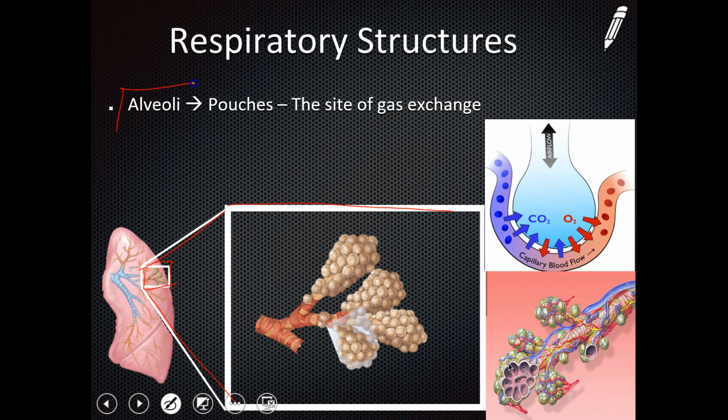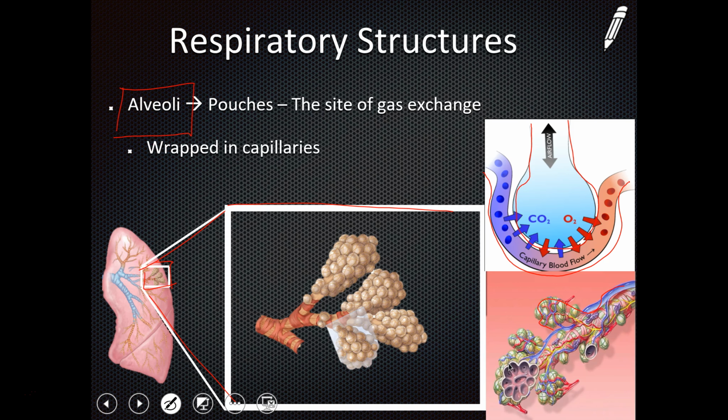If you look closer at the alveoli, you'll notice that they're wrapped in capillaries, okay? They're wrapped in blood vessels. So we have the alveoli right here, and a blood vessel wrapped around it, and what's happening is simple diffusion, just like when I spray the aerosol can in class.